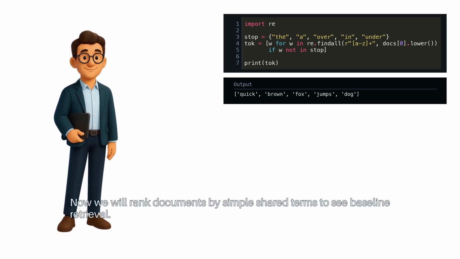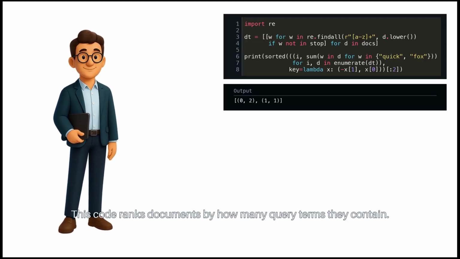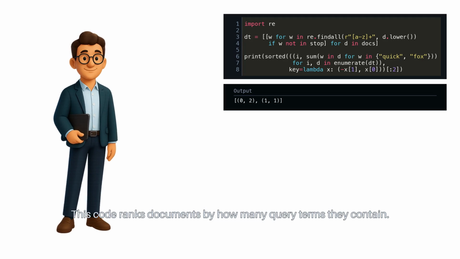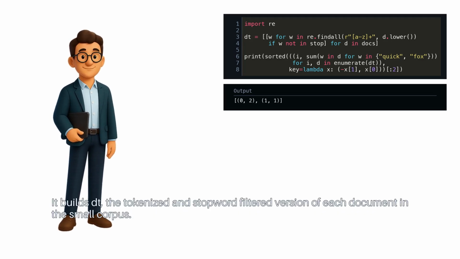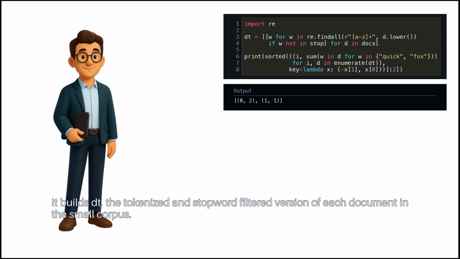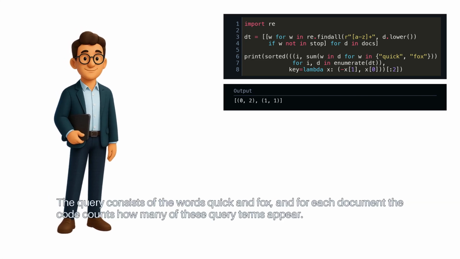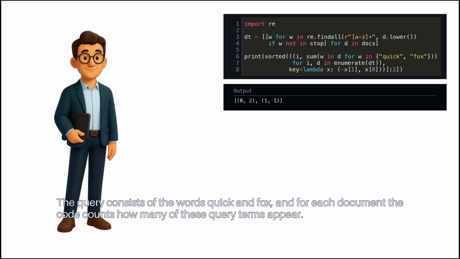Now we will rank documents by simple shared terms to see baseline retrieval. This code ranks documents by how many query terms they contain. It builds DT, the tokenized and stopword filtered version of each document in the small corpus. The query consists of the words quick and fox, and for each document, the code counts how many of these query terms appear.